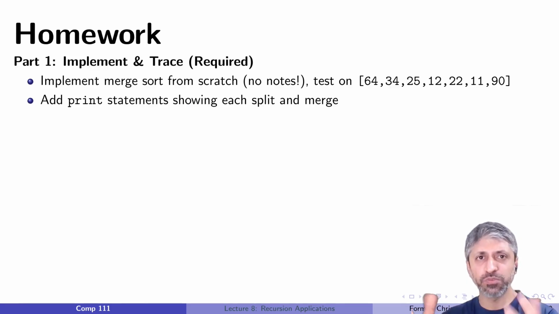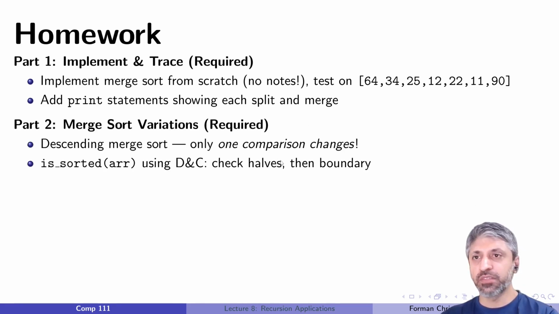So for homework this week, part 1, you need to implement merge sort from scratch without notes, and add a print statement to show every split and merge step. Part 2 is essentially to write a descending merge sort, where only one comparison needs to change, and also write is sorted using divide and conquer, which tells whether an array is already sorted or not.